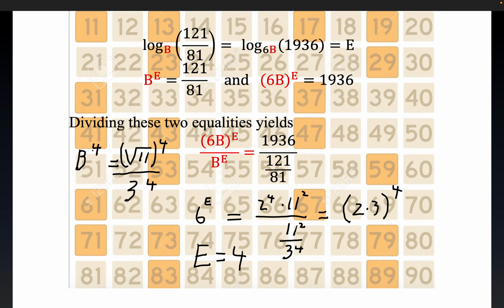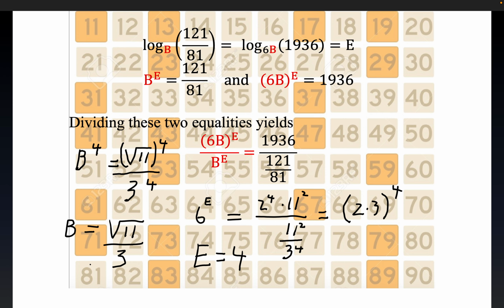You can see just by inspection that if you take the fourth roots of both sides, you get b is equal to the square root of 11 over 3, which is our solution. It's an irrational base that's slightly bigger than 1, which is sort of important.